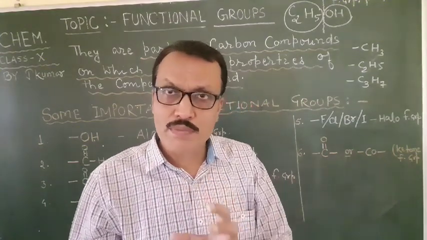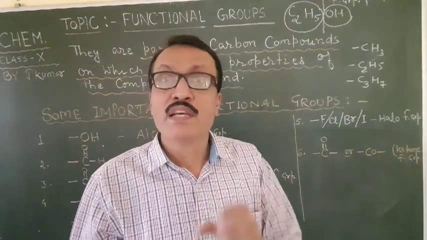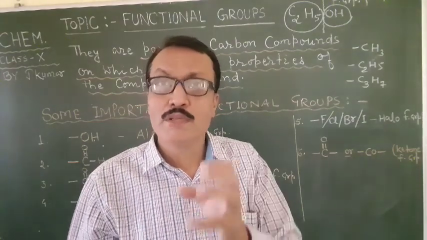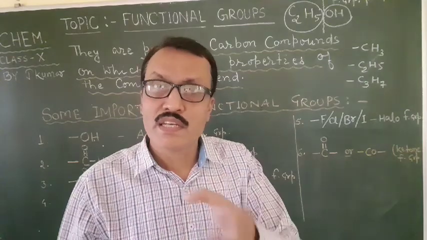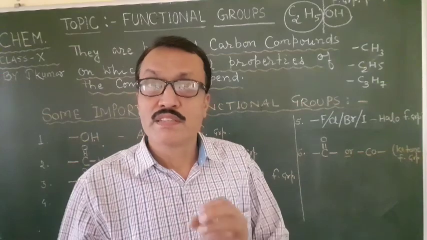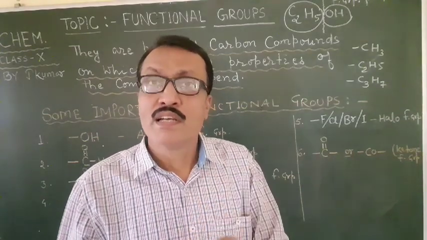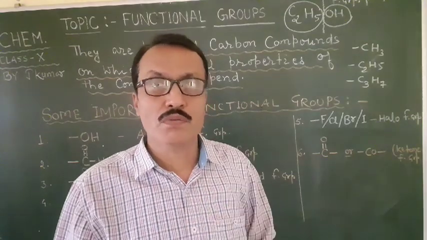Right? So in a carbon compound, if F is present along with hydrocarbon, if Cl is present along with the hydrocarbon part, if Br is present, then this should be understood as a halo functional group.